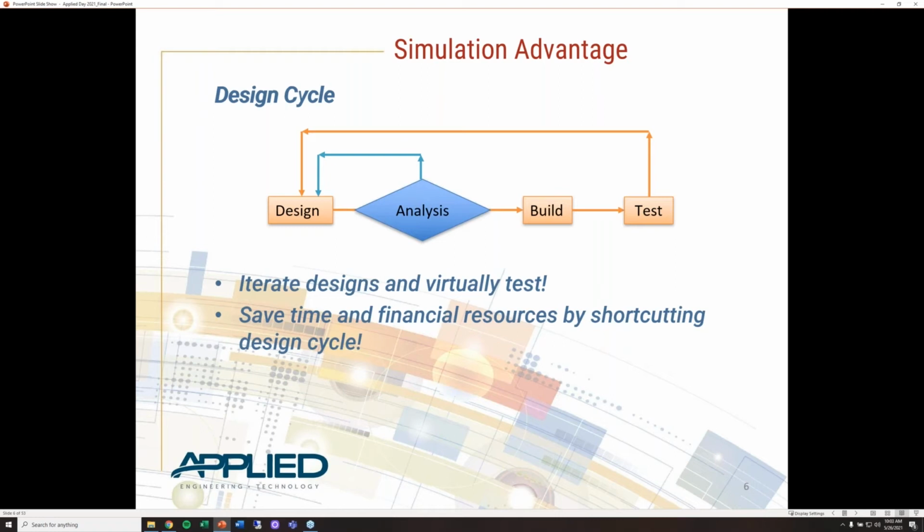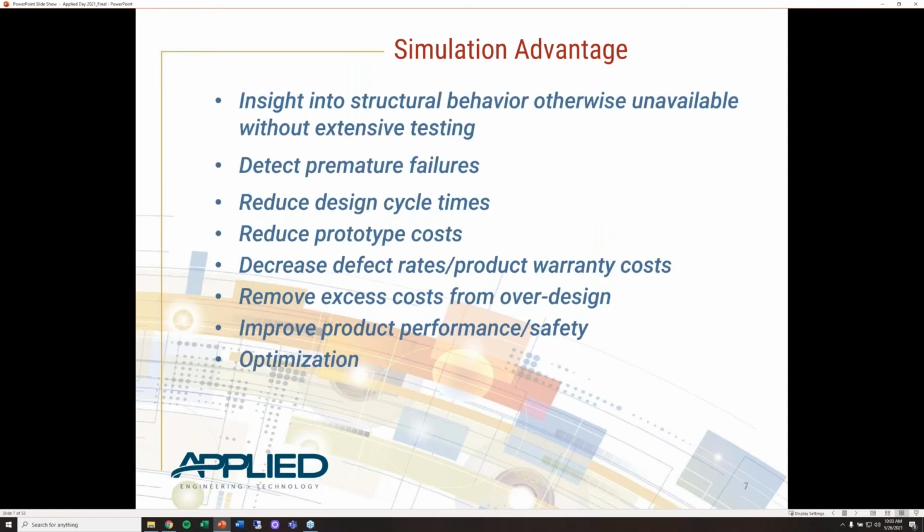If we can plug in analysis and shortcut this loop, where we can iterate on our designs and virtually test, we can save a significant amount of time and financial resources by shortcutting the design cycle. So again, we really feel that this is the primary value proposition with analysis, but there are some other useful bits with simulation in general.